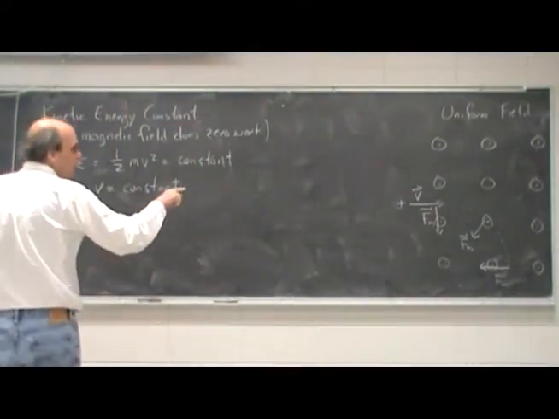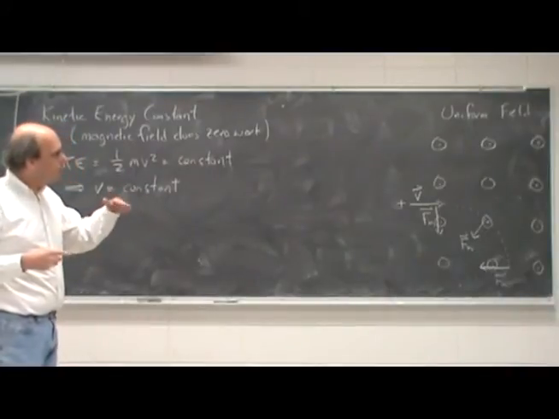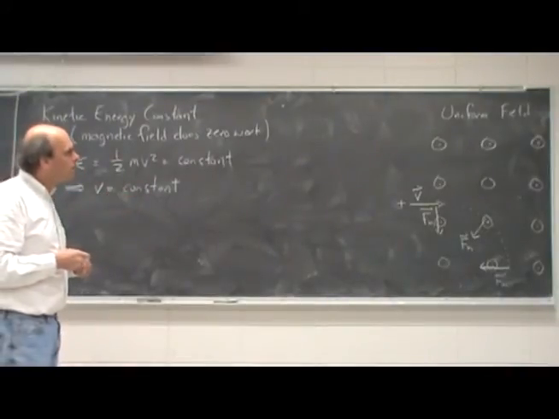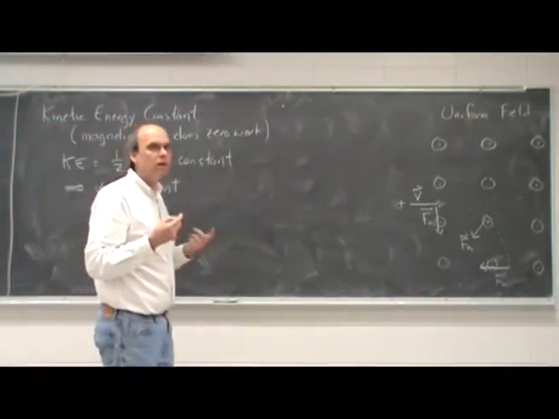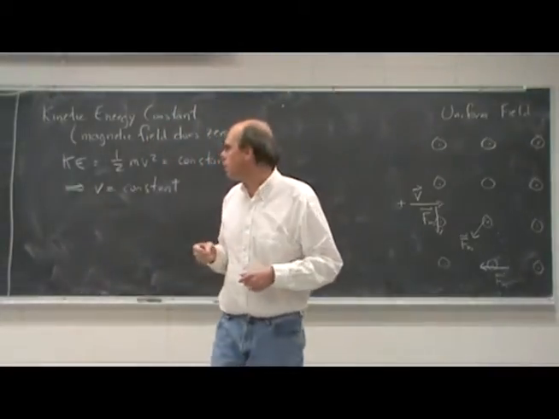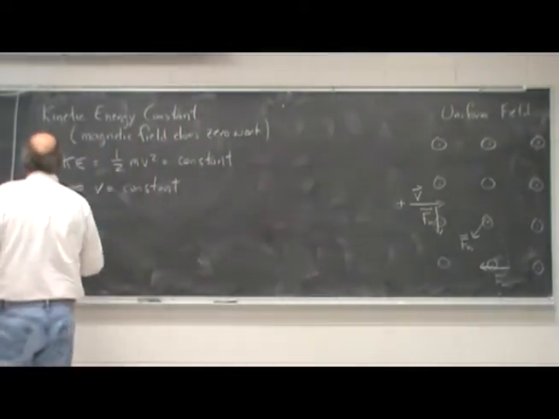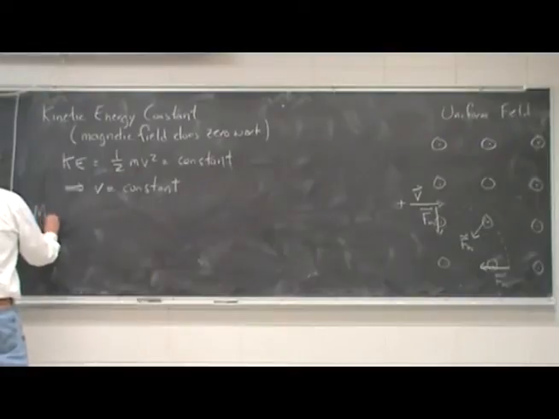All right, so here the field points out, and the velocity is always in the plane of the board, so the angle between the field and the velocity is always 90 degrees. We're also going to have a constant magnetic force.